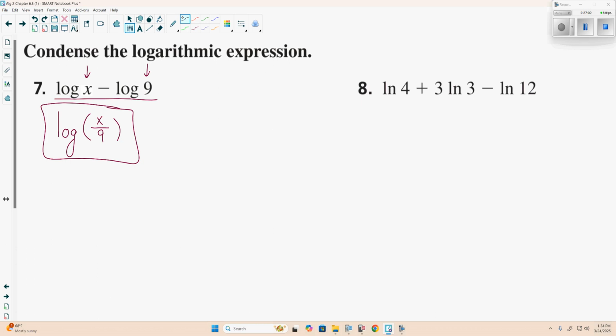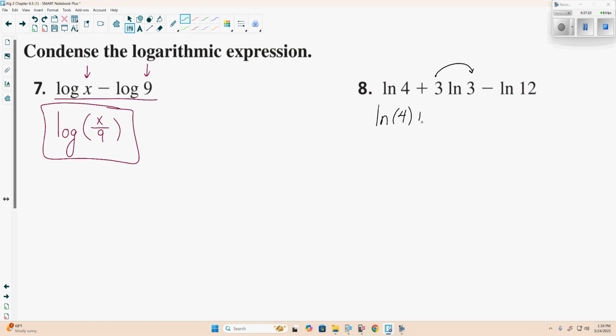Let's look at number 8. Natural log of 4 plus 3 times the natural log of 3 minus the natural log of 12. Well, the natural log of 4, because again, our first step in condensing is to do our powers.